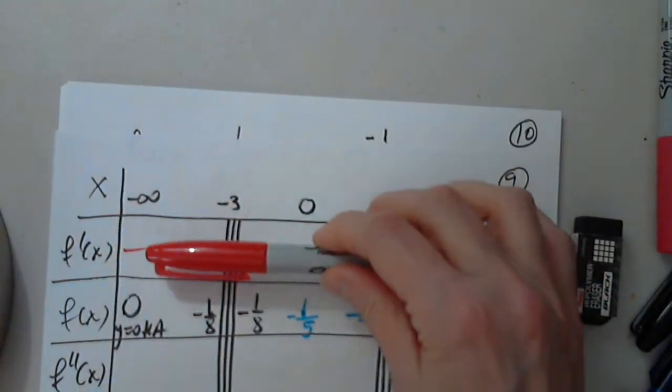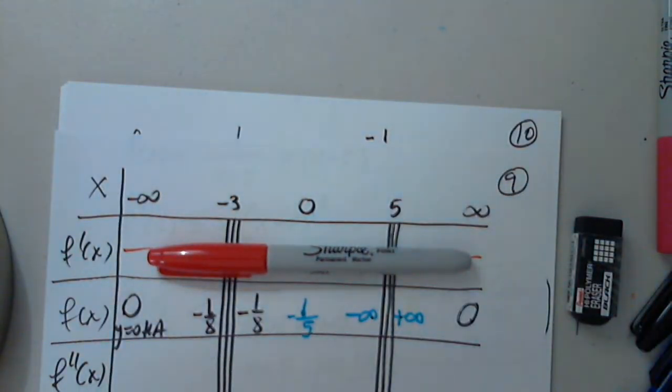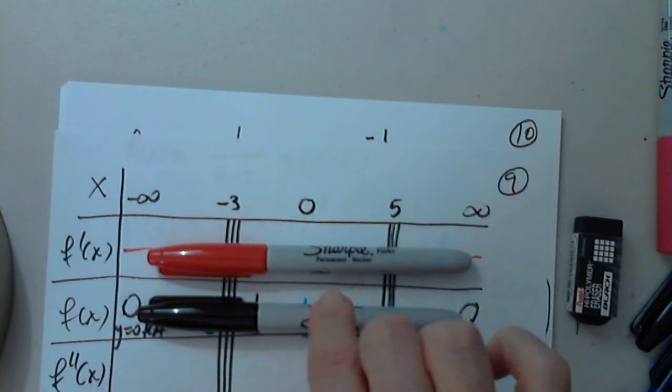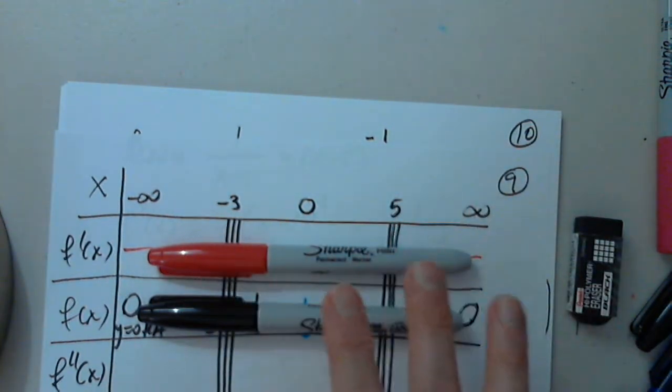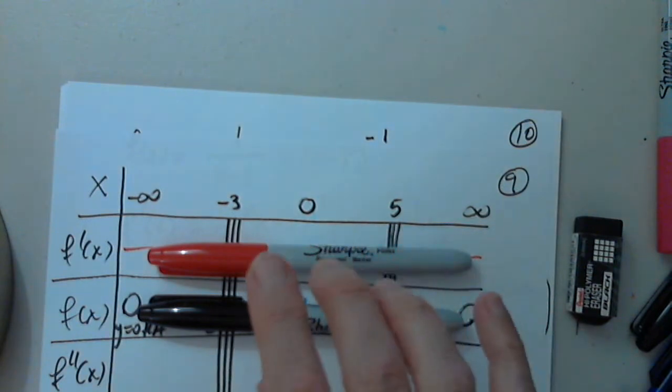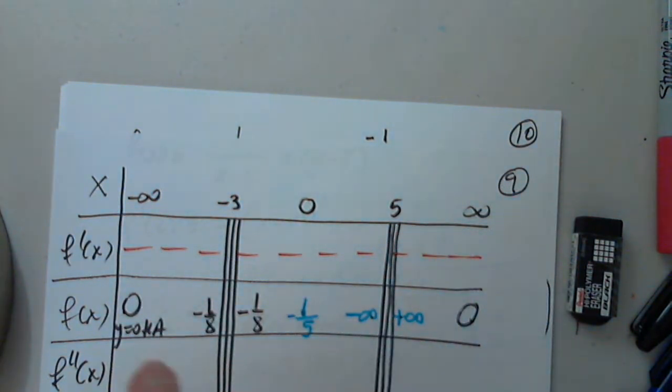Now, moment of truth. This and this have to work well together. This is the moment I check and I catch my mistakes. So let's try. From 0 to negative 1 over 8, what does the function do? Decreases. Is that supported by the sign of the first derivative? Yes. From negative 1 over 8 to negative 1 over 5.